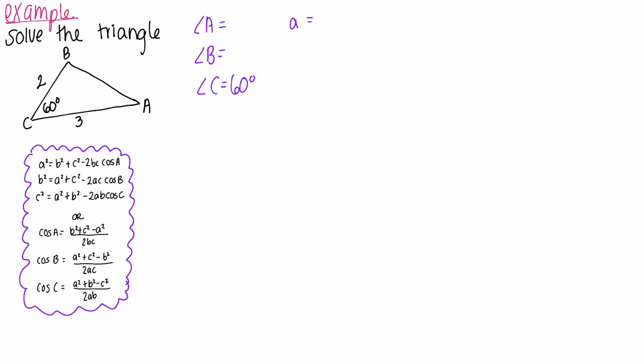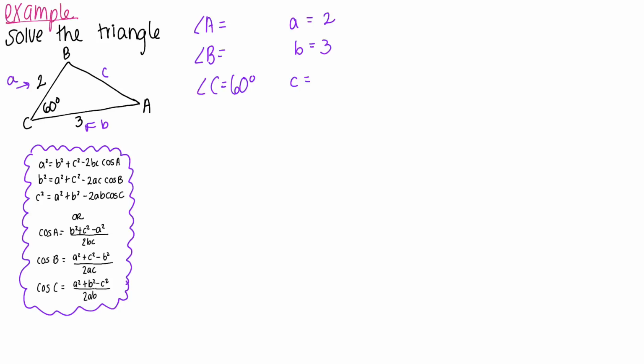We do have little a, that's right here, and we do have little b, which is right here. So a is 2, b is 3. We do not have side length c. So there's not a single one where we have both pieces of information. That's what makes it a law of cosines situation.